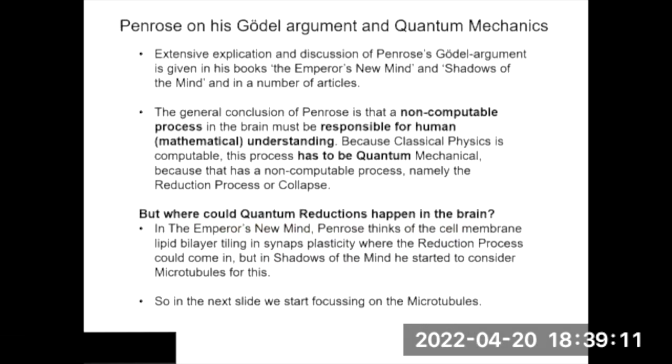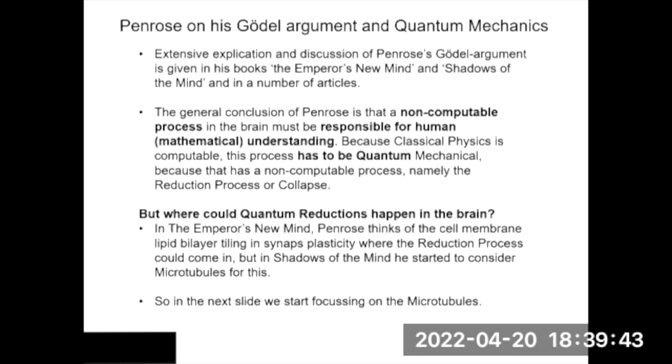But the main thing is that Penrose showed that therefore you need something in mathematical understanding that is better than algorithmic, better than computational, so that classical physics, which is computational, which is algorithmic, is not sufficient.